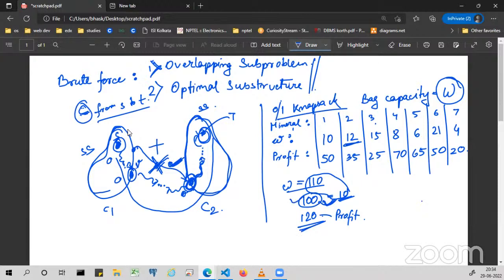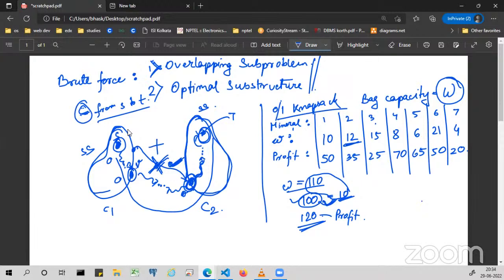But let's say I have small weighted minerals whose profits are such that when I sum up all of them, right? So let's say we have 5 minerals, each of 15 kgs, and each one of them gave us a profit of 30. So basically what I mean is the weight is less and the profit is also less.